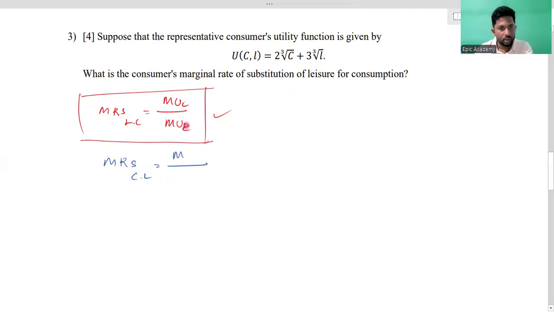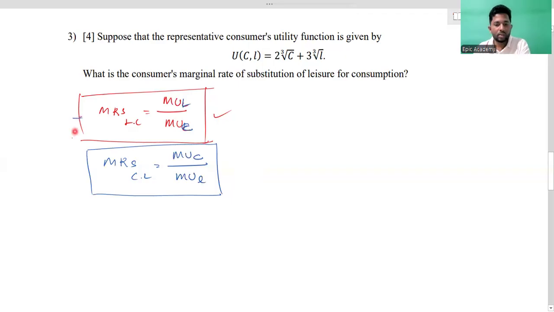This is C, this is L. MUC, MUL. Just take the order here. If it is C, you have to put that C value here; if it is L, then here. So this is called based on the leisure, because this is based on the leisure.